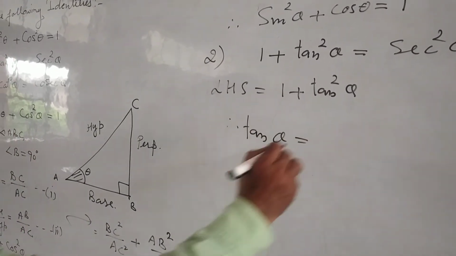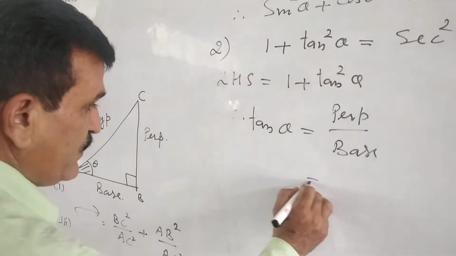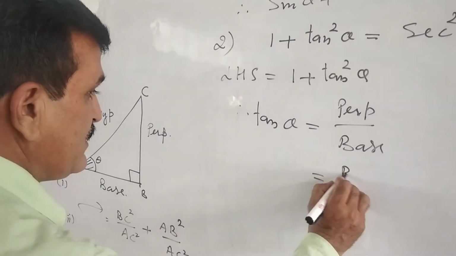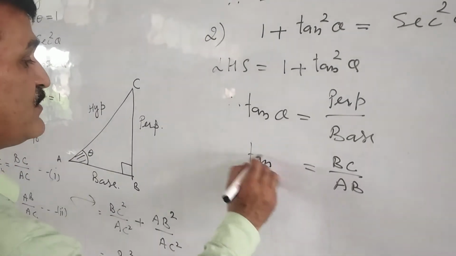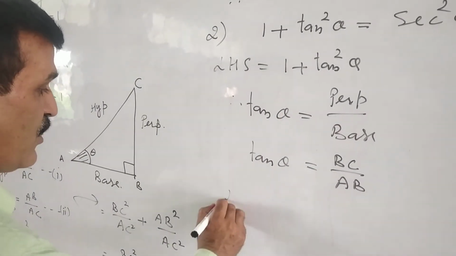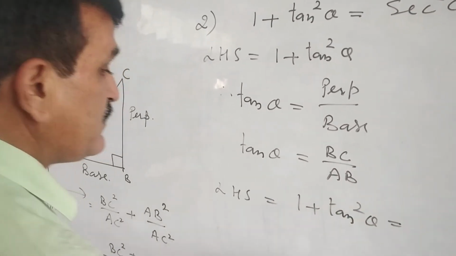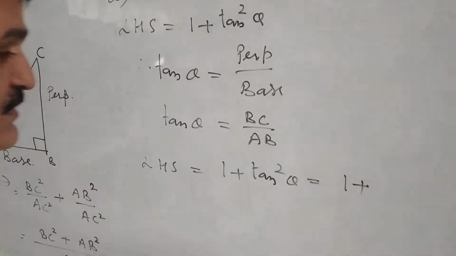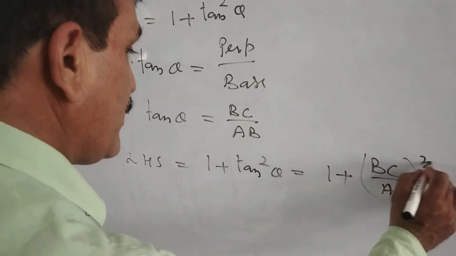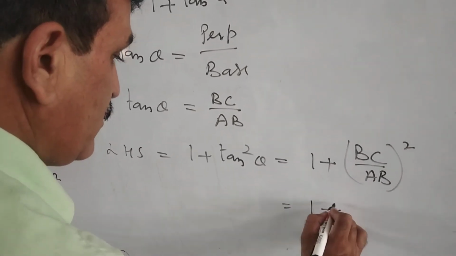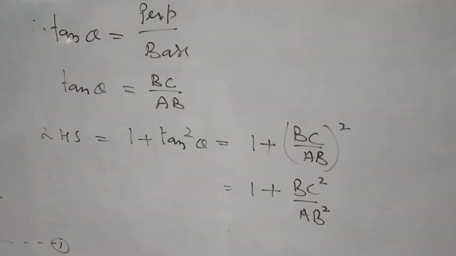Tan theta is perpendicular over base, which is equal to BC over AB. Now put this value of tan theta in the left hand side. So the left hand side will become 1 plus tan square theta, which is equal to 1 plus BC over AB whole square, which is equal to 1 plus BC square over AB square.